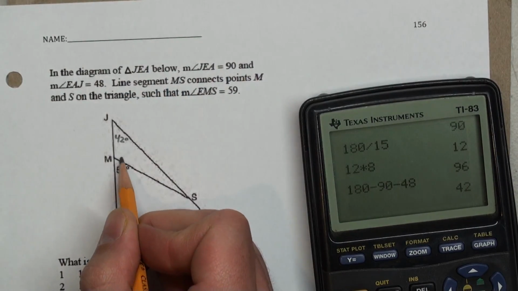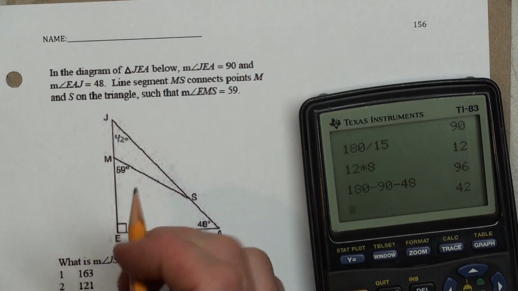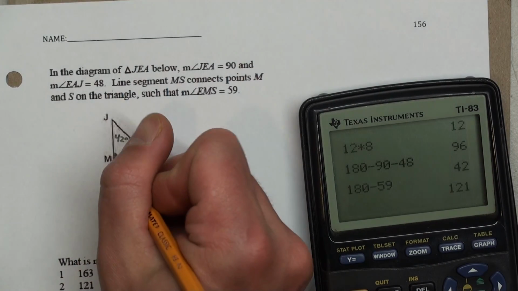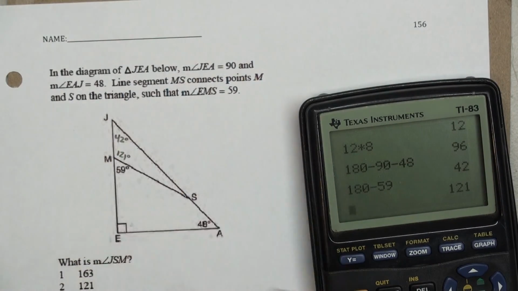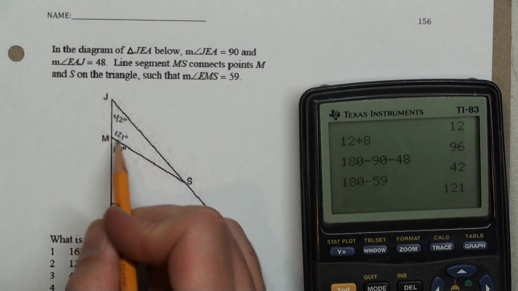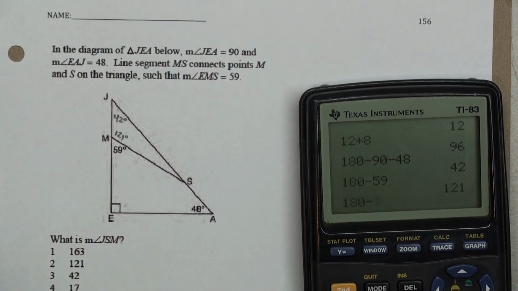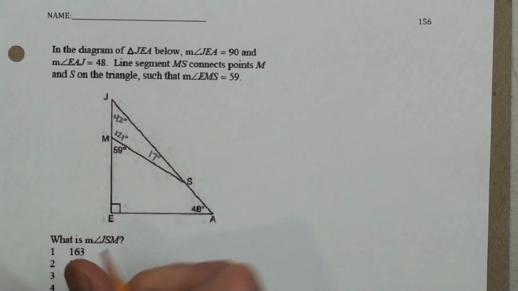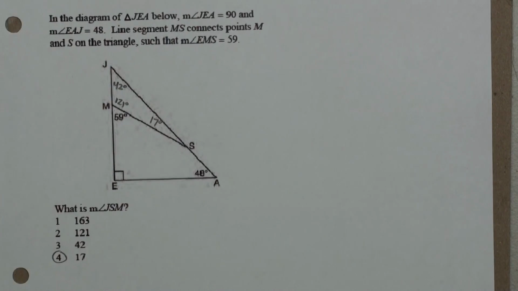These 2 angles form a linear pair, so 180 minus 59 is 121. Now we can figure out the last angle in this little triangle: 180 minus 121 minus 42 is 17. There it is, choice 4.